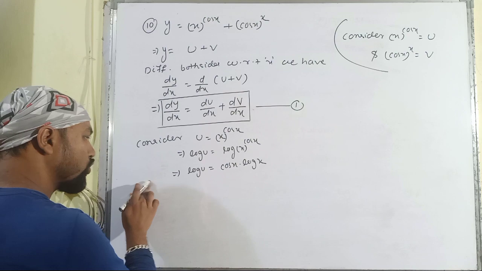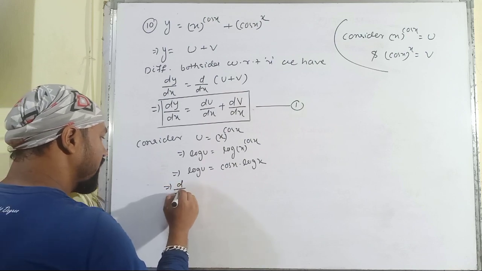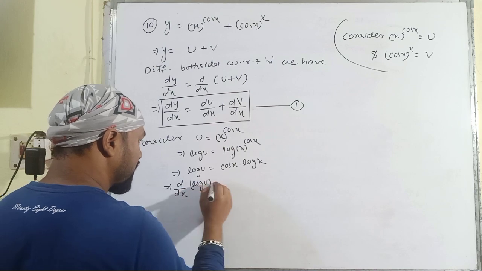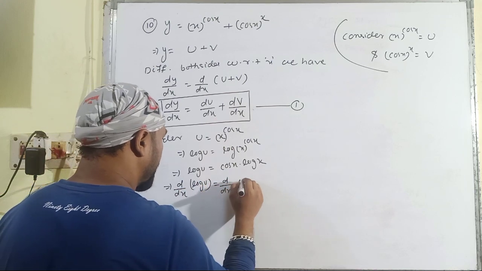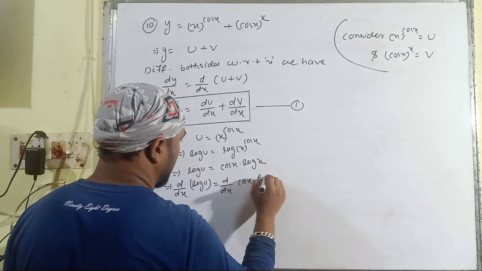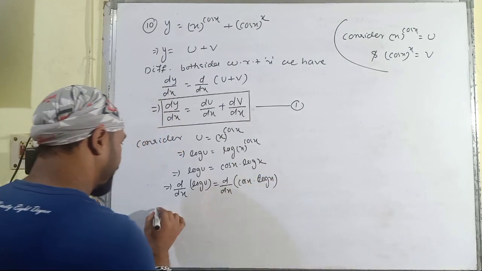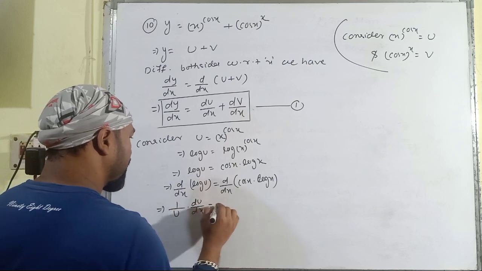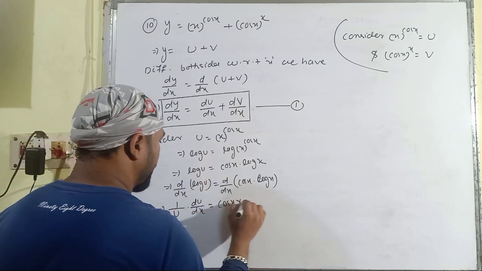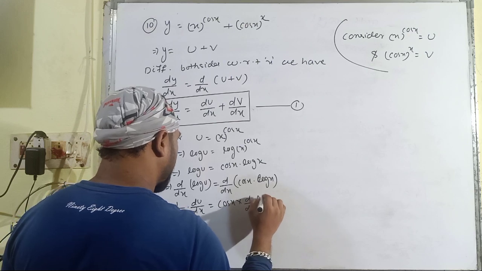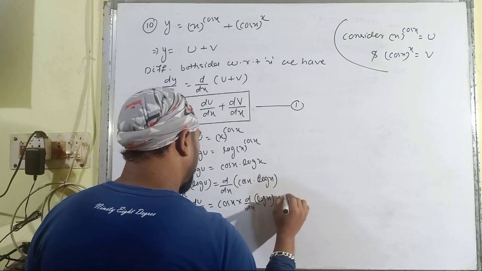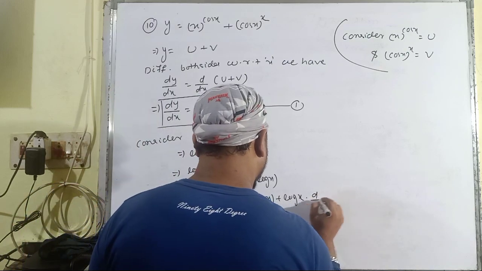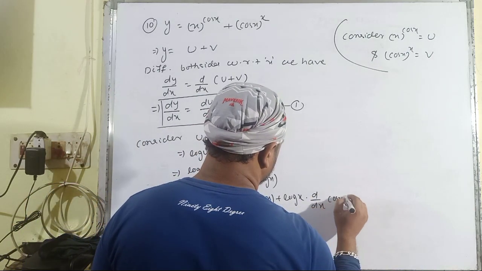Then differentiating both sides with respect to x, differentiation of log u with respect to x, and then differentiation of cos x multiplied with log x with respect to x. It is 1 upon u du upon dx, it is cos x multiplied with differentiation of log x plus log x multiplied with the differentiation of cos x.